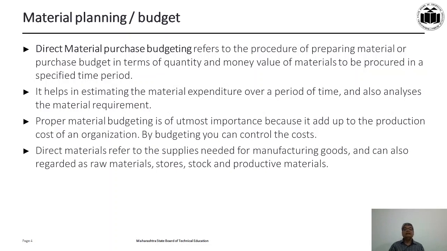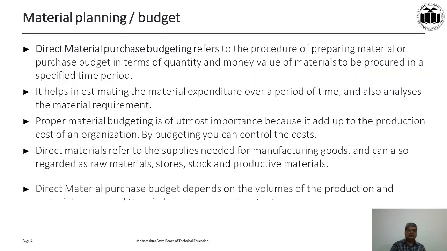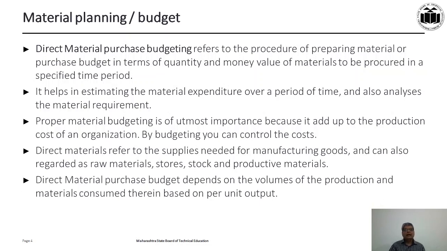Now direct material refers to the supplies needed for manufacturing goods and can also be regarded as raw materials, stores, stock, and productive materials. When I say direct materials, means generally these are the materials procured from outside. Now direct material purchase budget depends on the volume of the production.